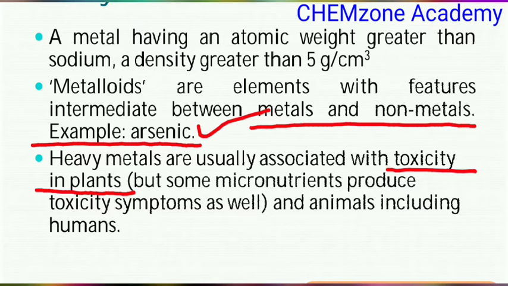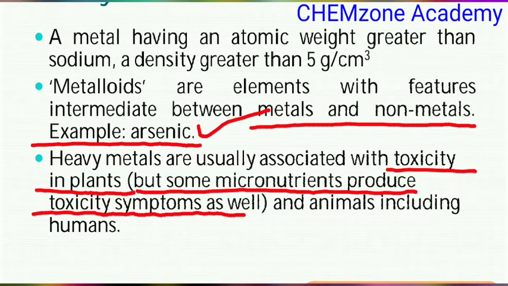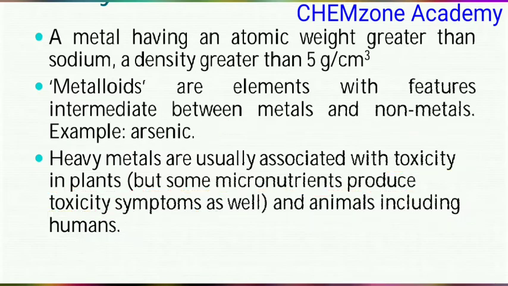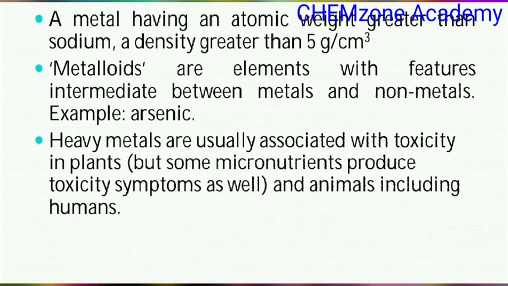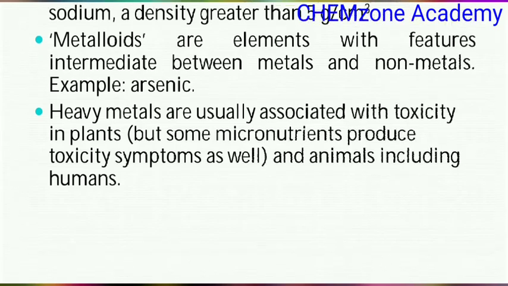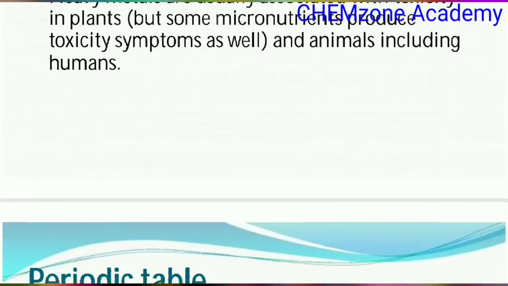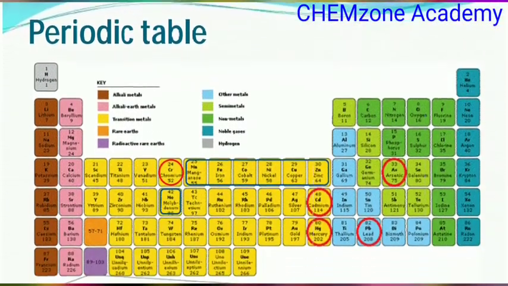We will talk about which micronutrients those are, and how they give harmful effects on plants and animals, including human beings. It happens in humans also, as you can notice in pollution problems, lung problems, or eye problems too.